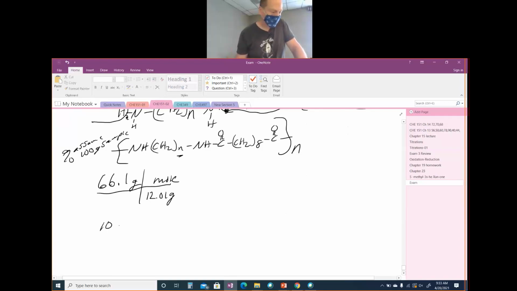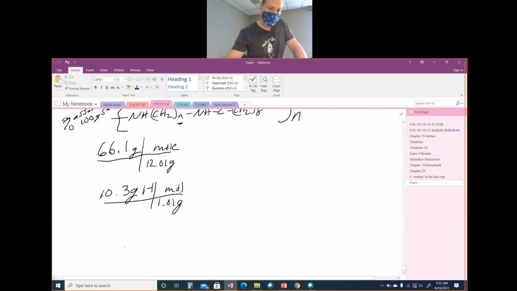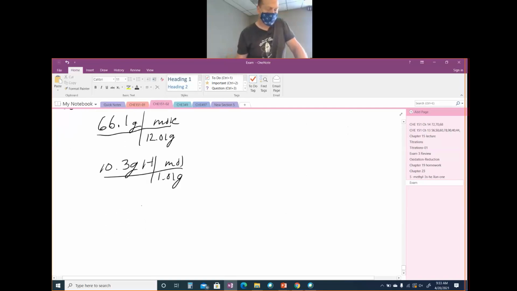You have then 10.3 grams of hydrogen divided by the molar mass of hydrogen, 1.01 grams per mole. All right, and then we have 11.0% nitrogen, so that is 11.0 grams of nitrogen, and 14.01 grams per mole of nitrogen.